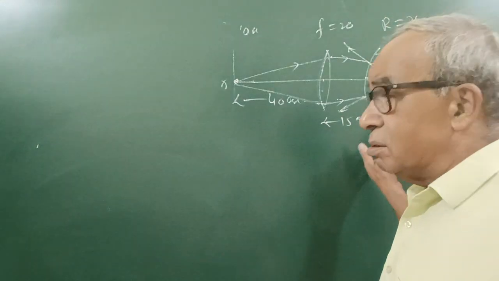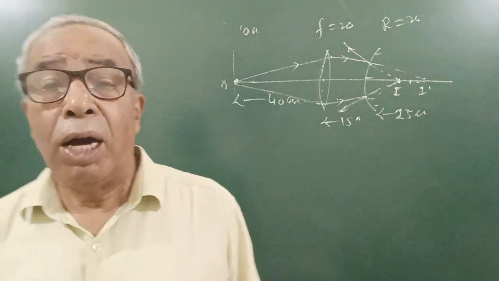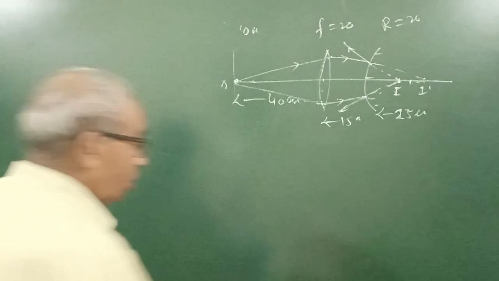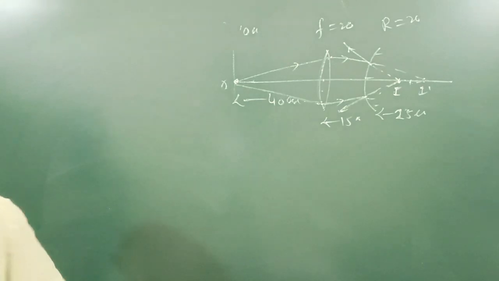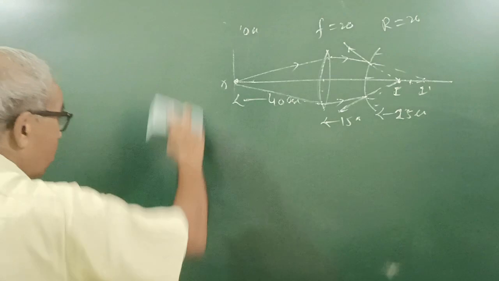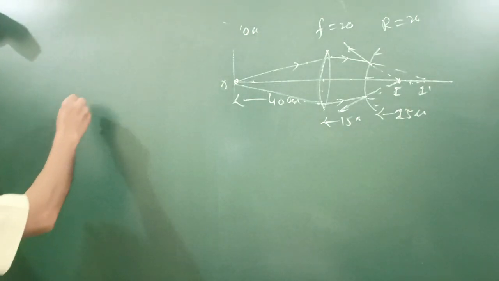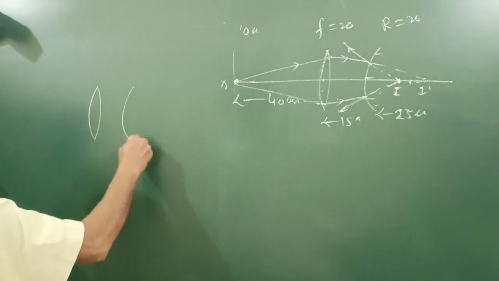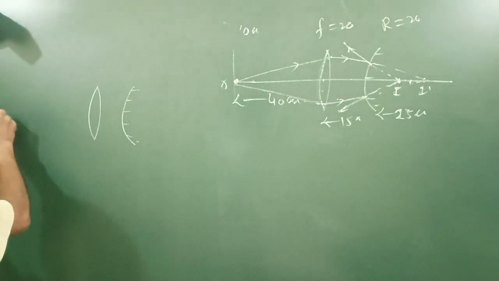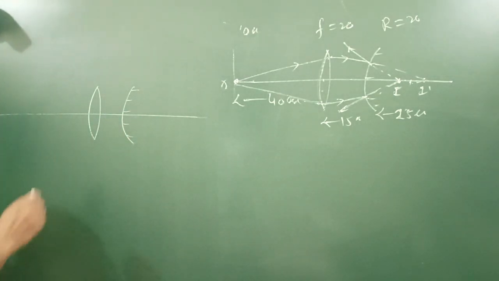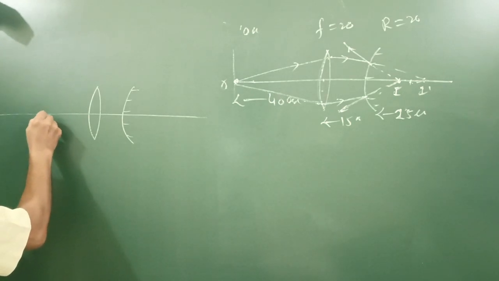The same year when this question came in the board, I gave another question in the pre-board, which is given to class 12 students. It is a convex lens and a mirror placed coaxially. An object is placed here.